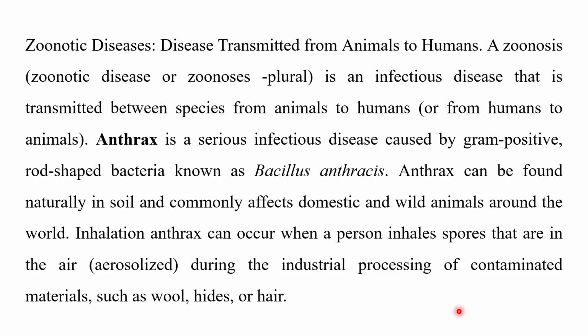The spores can be suspended in the air, and these spores are very resistant structures. They form these endospores, and they don't get destroyed very easily, even in harsh environmental conditions.